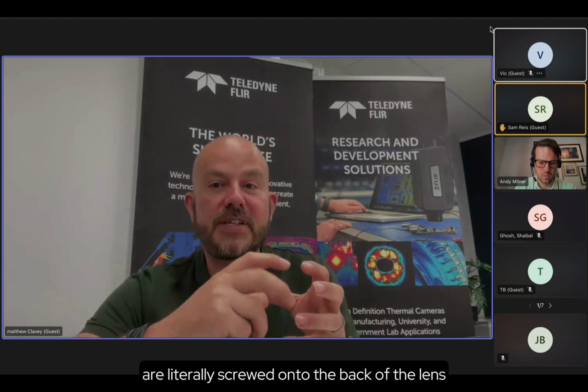If the filter was on the outside of the lens, so for example, you have camera, lens, and filter, the filter will also be absorbing some heat from the surrounding, and that can affect the filter. So filters are always internal, and we have different ways of fitting them. Some cameras have a filter wheel, and some cameras, they are literally screwed onto the back of the lens, but they're always inside the camera rather than being outside the camera, but they are physical objects. Cool, thank you.